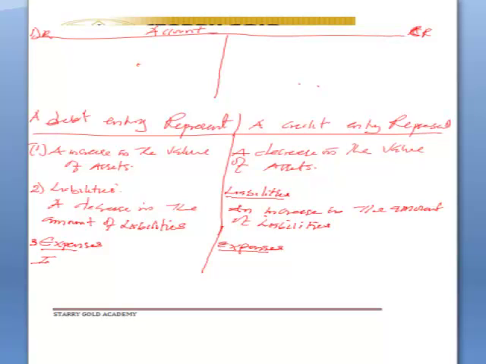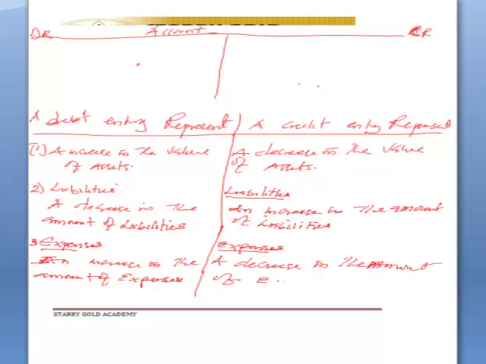It means an increase in the amount of expenses, and a credit entry means a decrease in the amount of expenses. So let's see income.